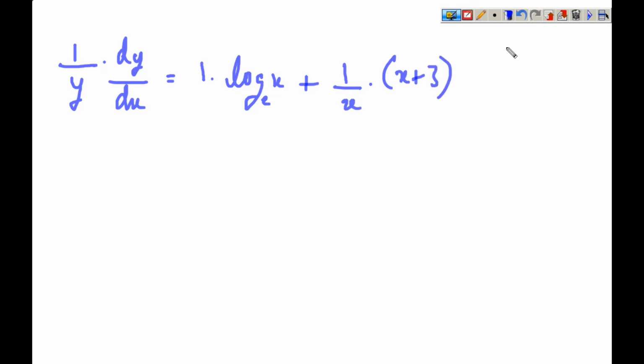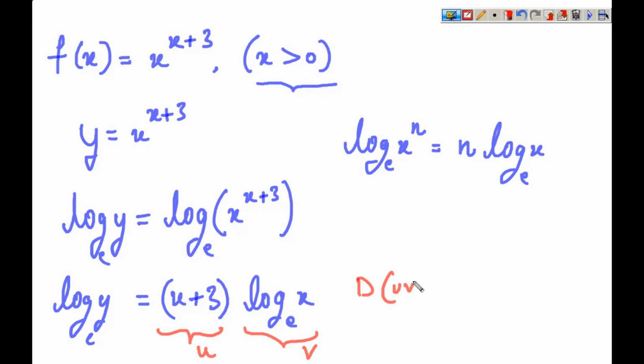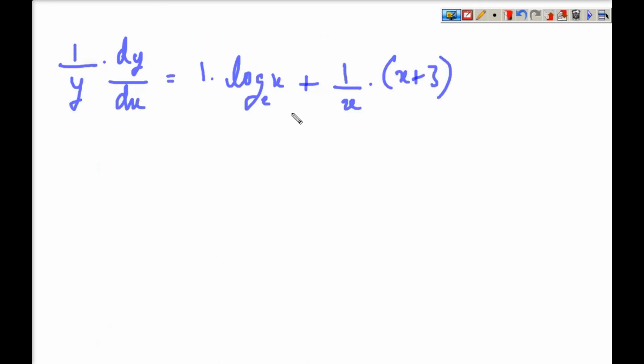It is the product rule that I'm applying here, considering this as u and this as v. We know that the derivative of uv equals u'v plus v'u. So once I do the differentiation, we get something like this.